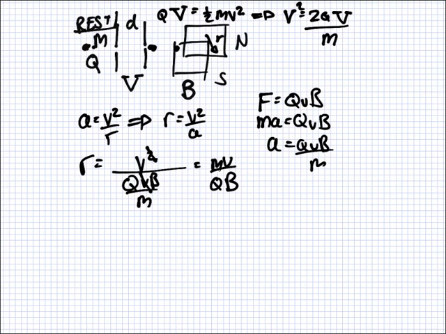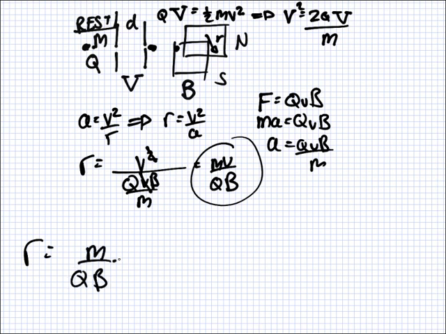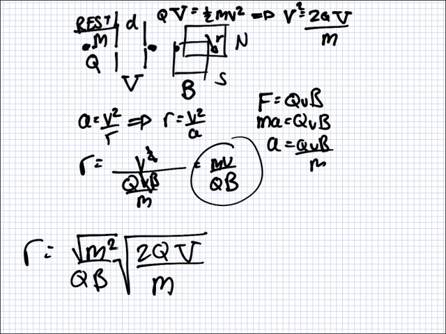Okay, so let's plug that into this formula now. I get r equals m over QB root 2 Q voltage over m. Now I can clean this up a little bit more because I can change this into root m squared, and so this can go inside as an m squared here and cancel.